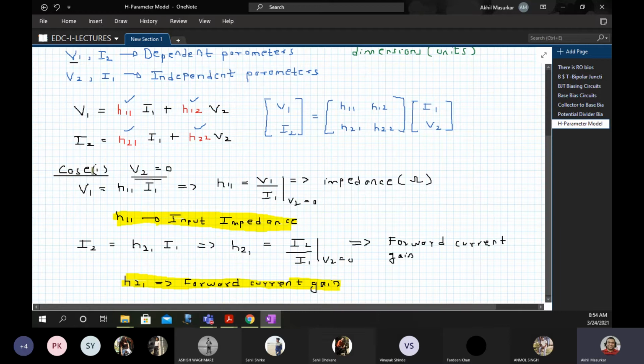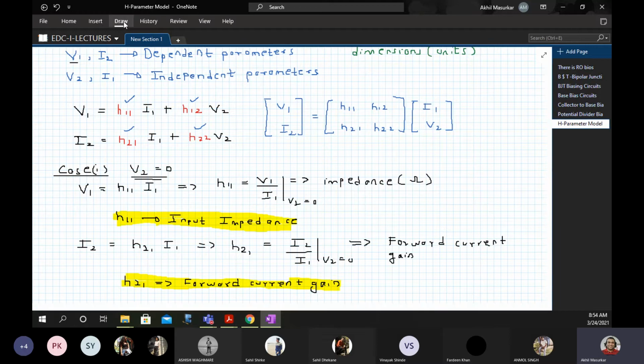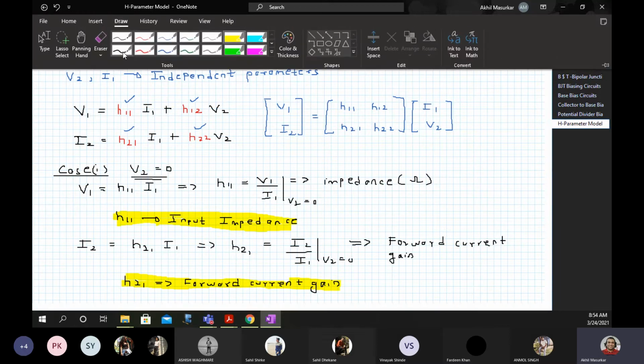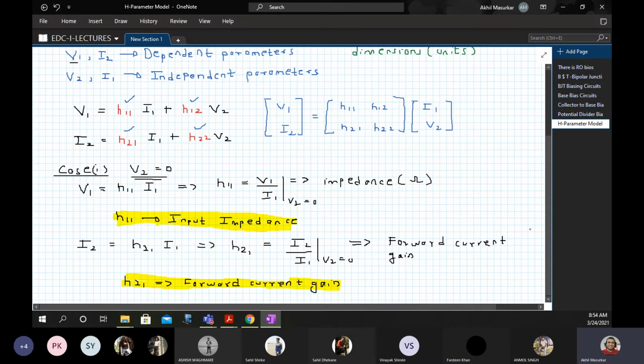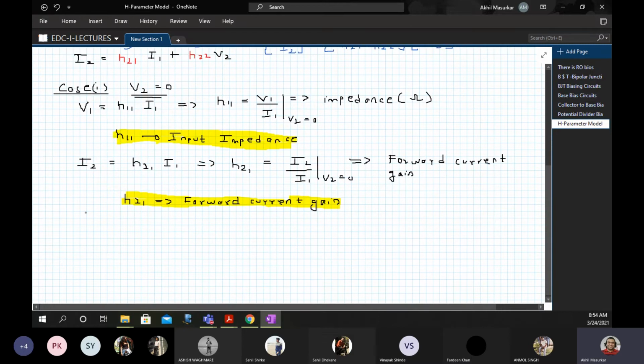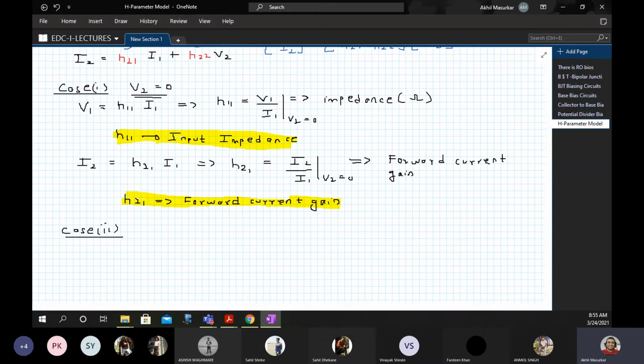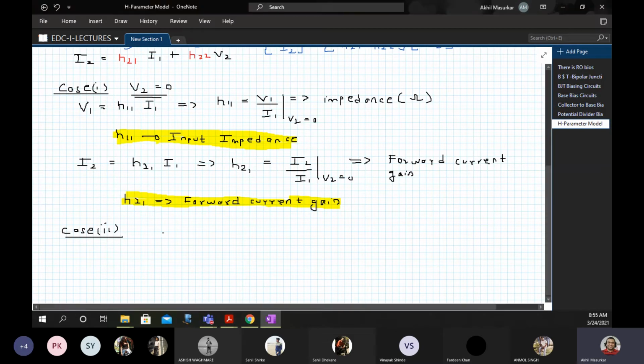So can we get something similar in case 2, when I1 is equal to 0? So case 2: what if I1 equals 0.